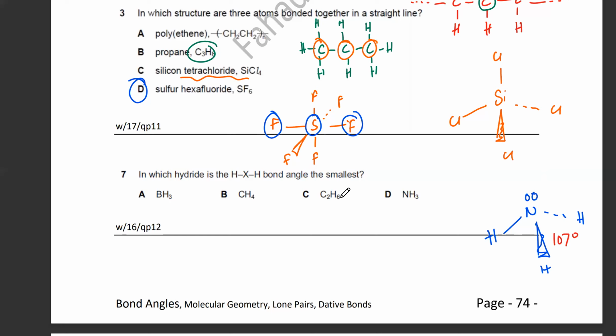The next one is C2H6. That is 2 carbons and 6 hydrogens. Each carbon atom is making 4 bonds, so that is going to be tetrahedral. And if it's tetrahedral, the angle would be 109.5 degrees.